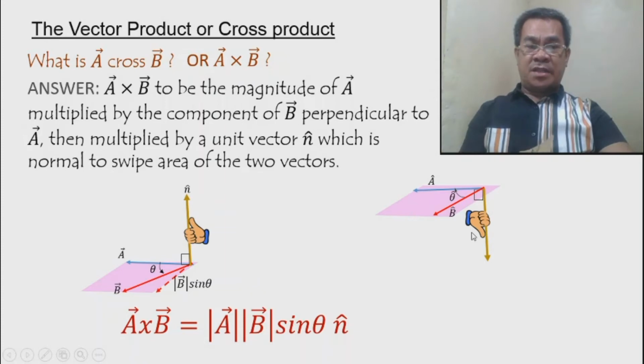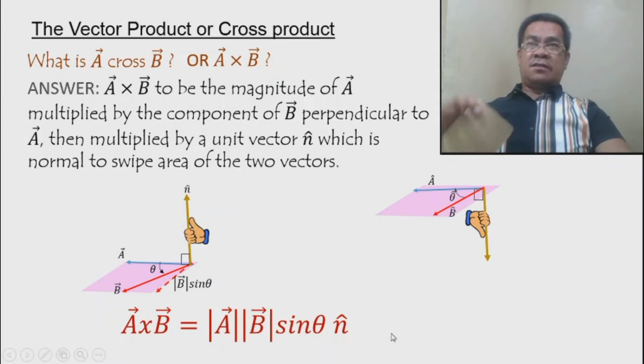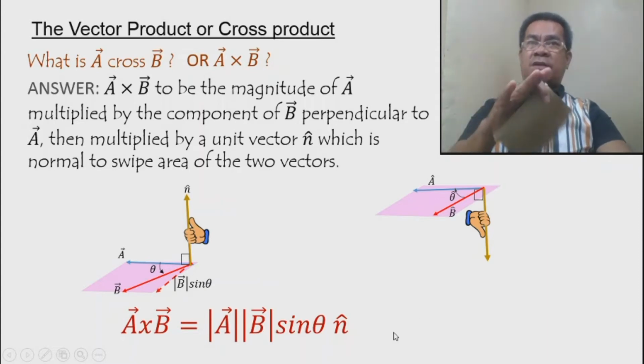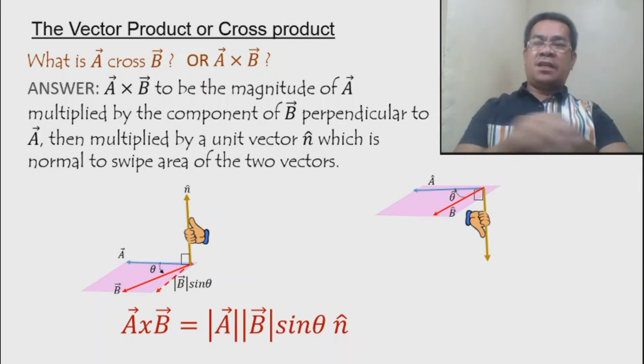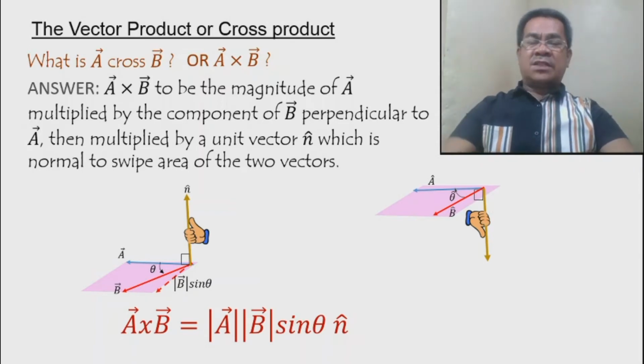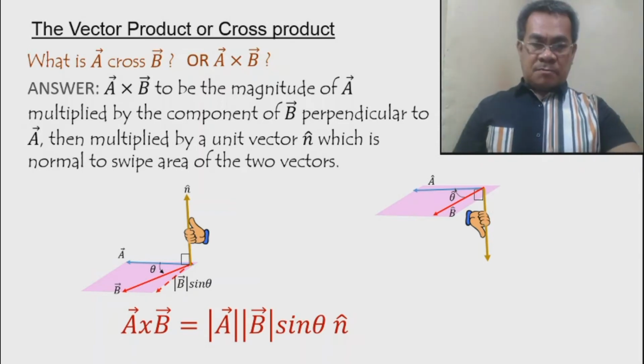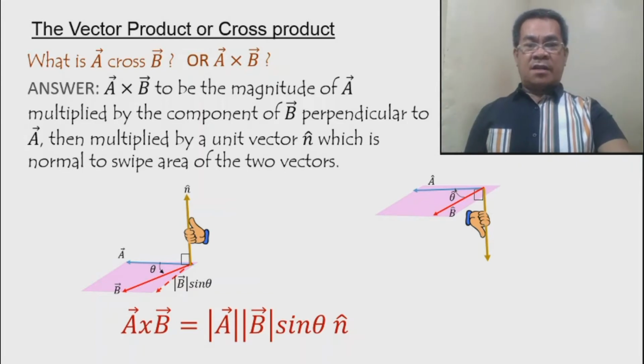This thumb will be the direction of the swipe area while rotating. So in other words, A cross B is not equal to B cross A. Unlike in the scalar product, where A dot B is equal to B dot A. There's no difference between the two products. But in the cross product, they are different from each other. Why? Because the direction will change.